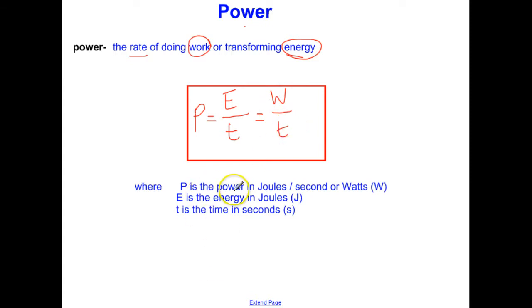Okay, so power, let's look at the first two. E is the energy, measured in joules. T is time, measured in seconds. And power, if we're dividing those two, is joules per second. Another unit for joules per second is a watt. If you see on light bulbs their power rating, for instance a 60-watt light bulb, that's how much power they're rated for.